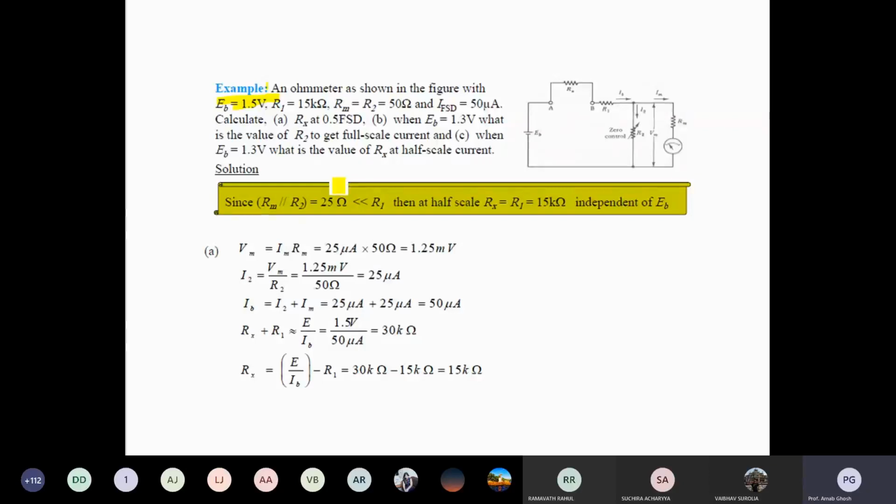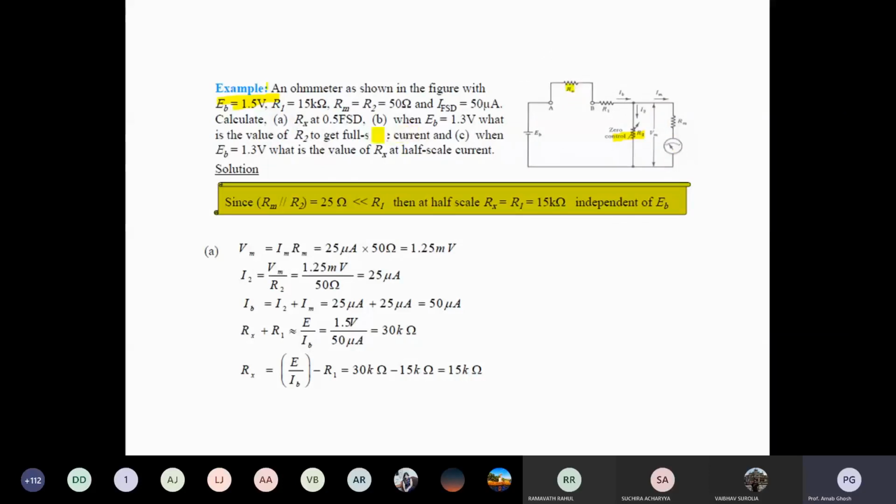The values of Rm and R2 are both the same, and R2 means your zero resistance. So the maximum value is 50 ohm and IFSD is 50 microampere. So first, you have to calculate the value of Rx when the deflection is 0.5 of your total FSD, meaning 50% of your total FSD.